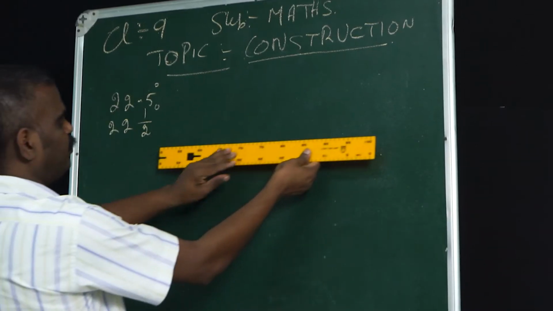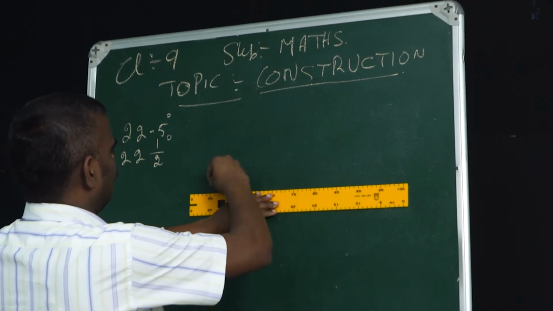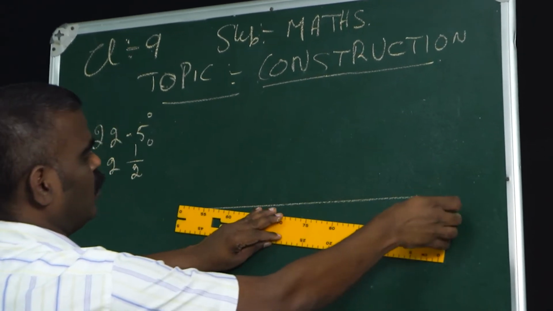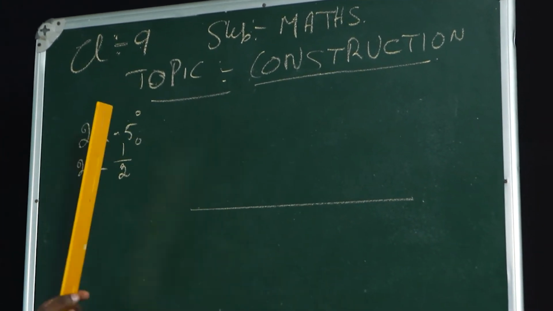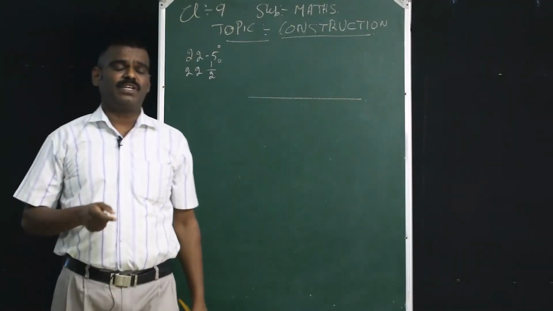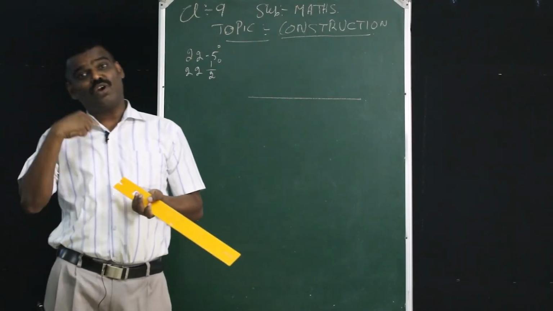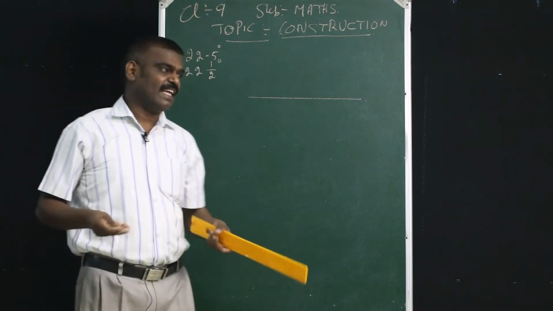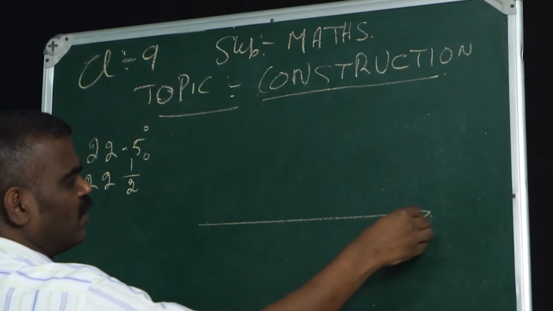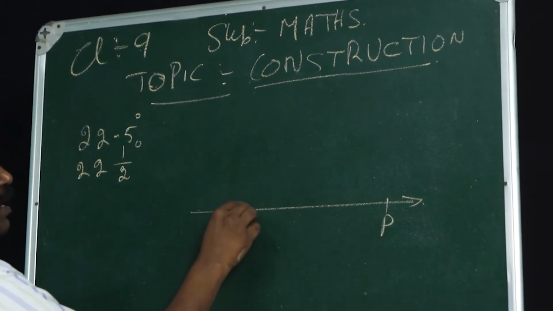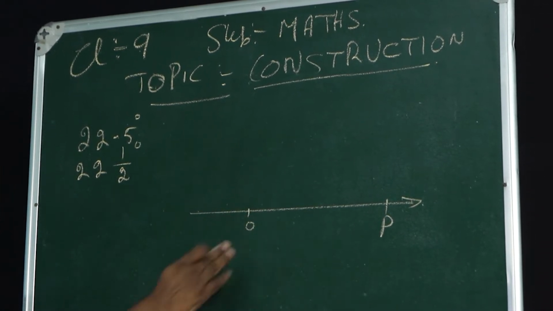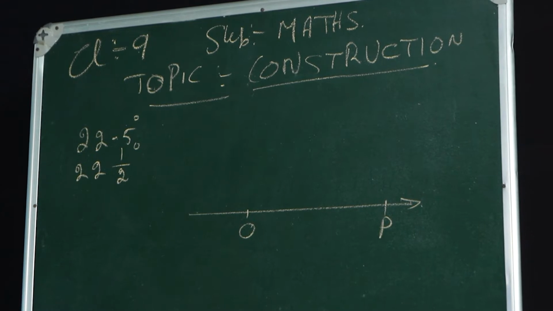Now, draw a straight line. To draw 22.5 degree, we have to draw how many degree? 45 degree. To draw 45 degree, we have to draw how many degree? 90 degree. So, let us first draw a 90 degree angle. All of you know very well now?